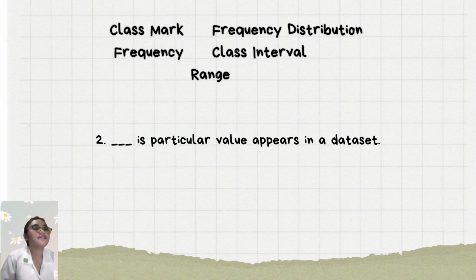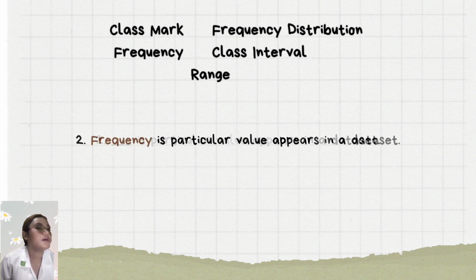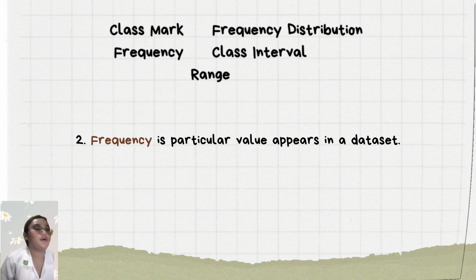Next is: blank is how often a particular value appears in a data set. Yes, Miss Kimi. Frequency. Very good.